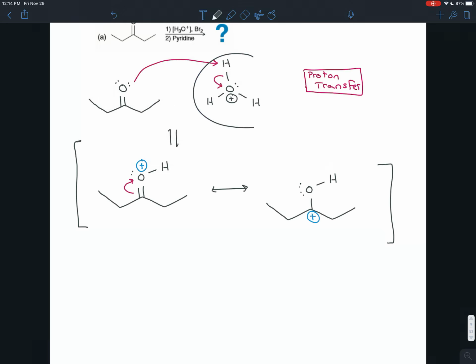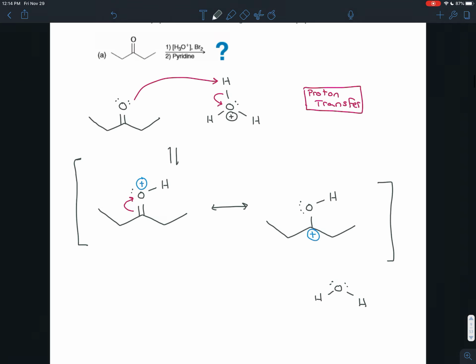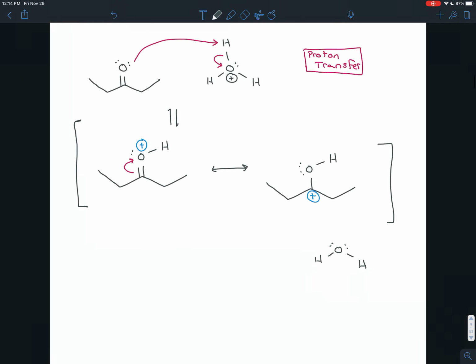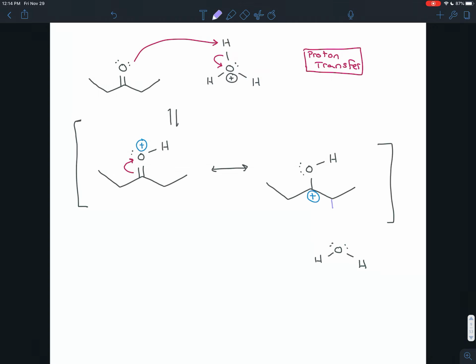From the first step, we also have water. So H3O plus lost the H plus, and water is left. And to get the enol, this water acts as a base. So this is acid catalyzed. The acid, the hydronium, gets used at first, but then it gets reformed. And this is where the alpha carbon comes in. You have that alpha hydrogen that is acidic.